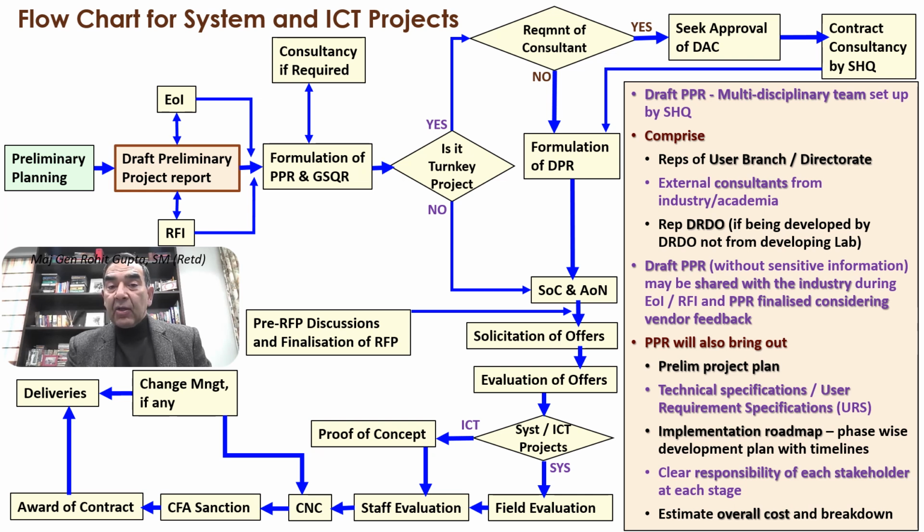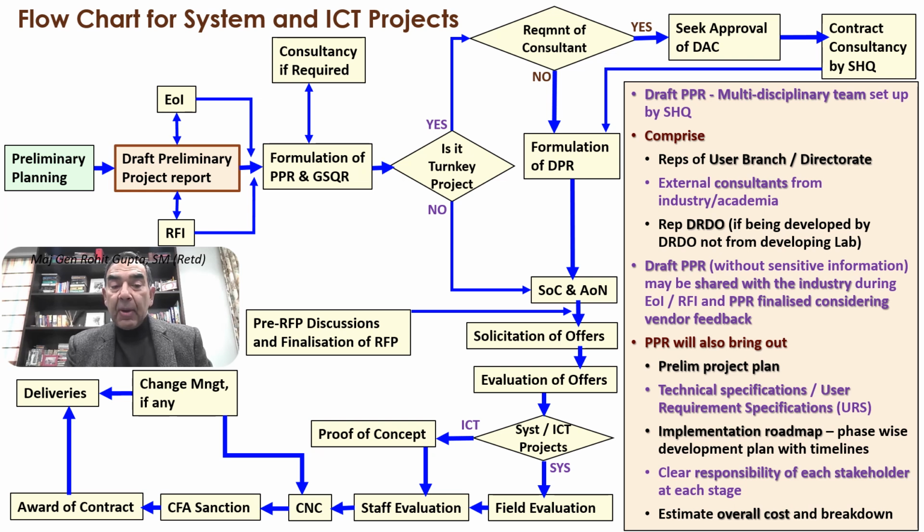However, if the system is being developed by the DRDO, the representative cannot be from the lab that is developing the system. Now, the draft PPR, without any sensitive information, can be shared with the industry during the expression of interest and the response for information process, and the PPR is finalized considering vendor feedback.